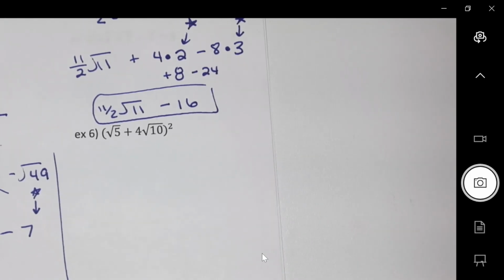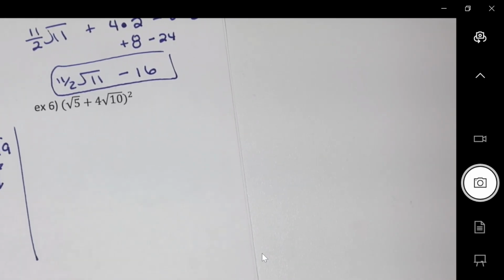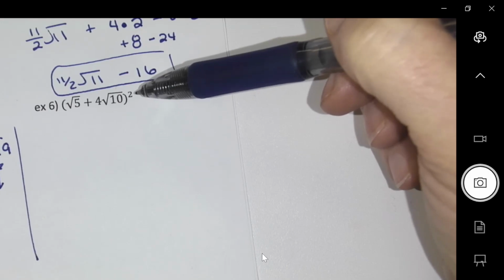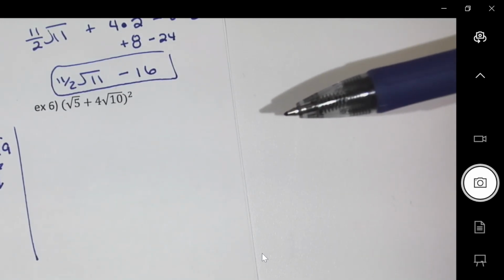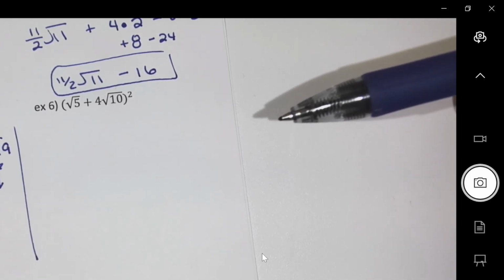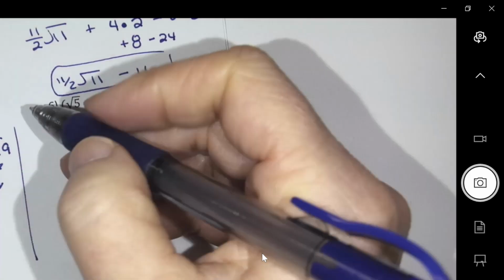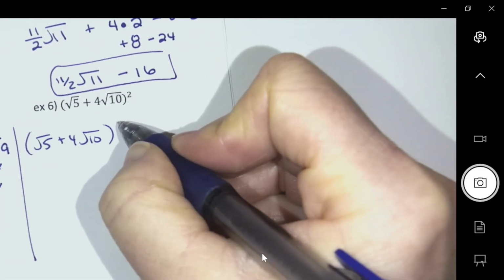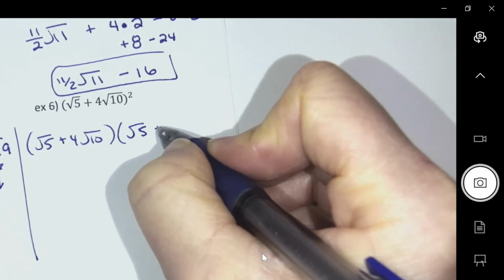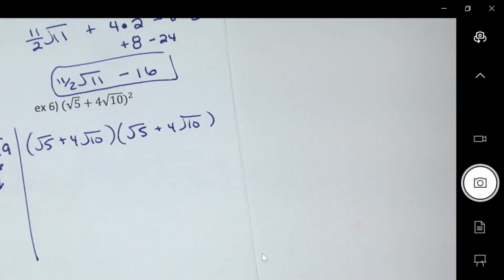Okay, number 6. This time I wrote it differently. I have a binomial squared. Okay, you cannot shortcut. You need to understand that squaring something means repeating it twice in multiplication.